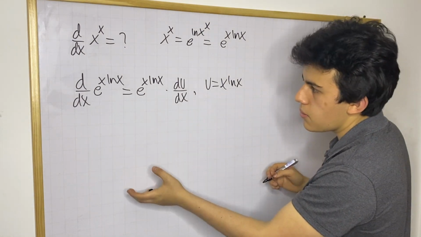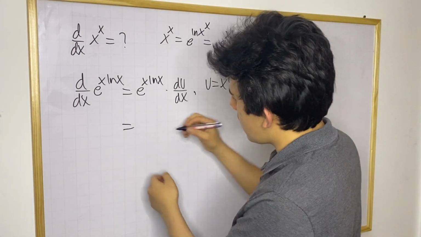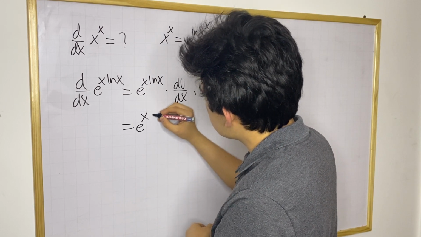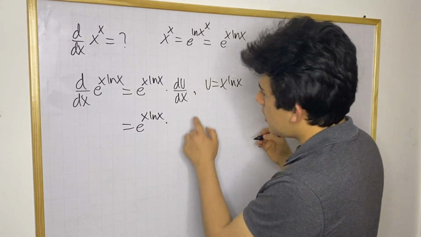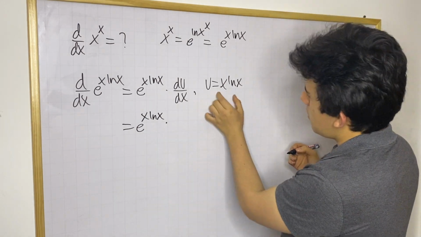And this is basically a chain rule. So you can write this as e to the x times ln x times du over dx.